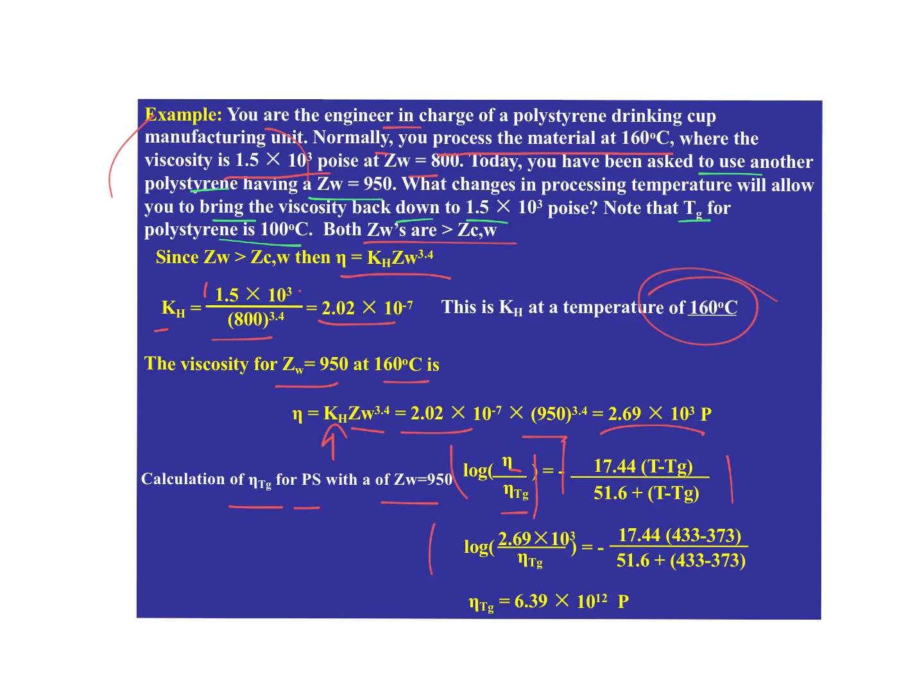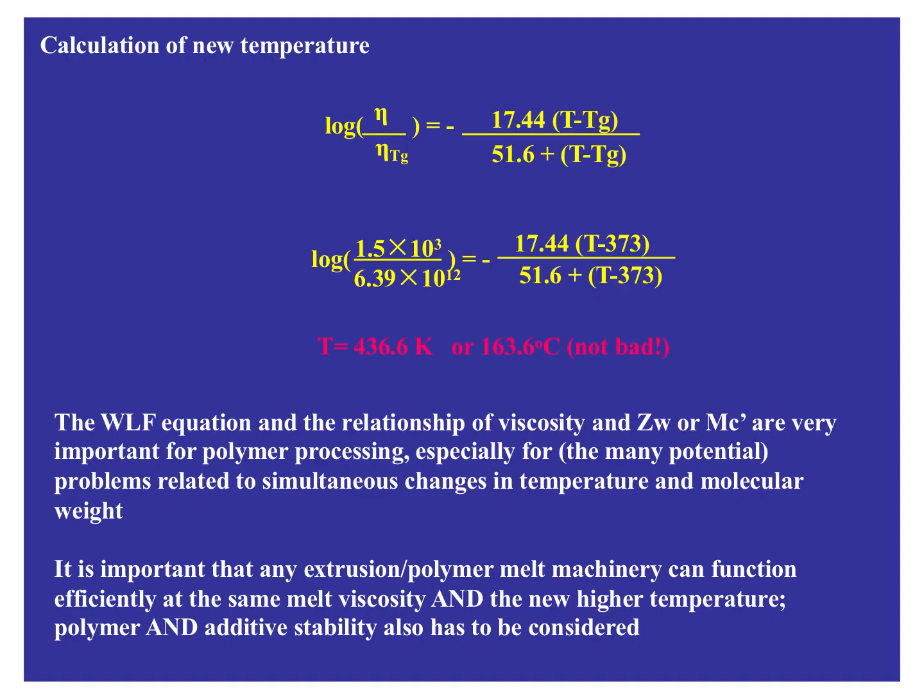So we have log of 2.69 times 10 to the third, this value up here, divided by that viscosity value. And so we need to go back and determine what that viscosity value is, knowing these changes in temperature. And so we get this reference point 6.39 times 10 to the 12 poise, which is a crazy high viscosity. We're not molding at that point. We're just using that as input. Okay, so it's not a practical term, reference term that we have to solve for.